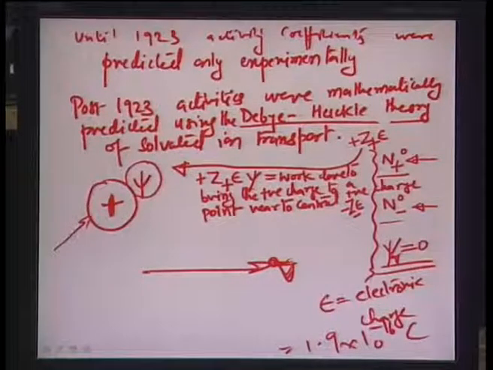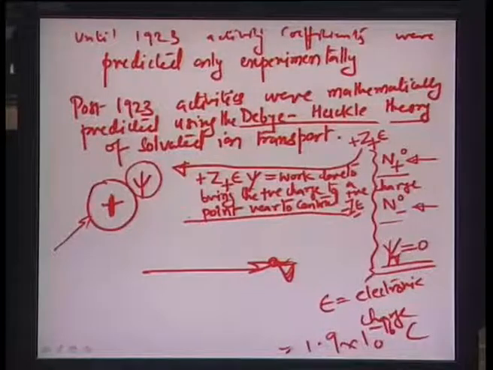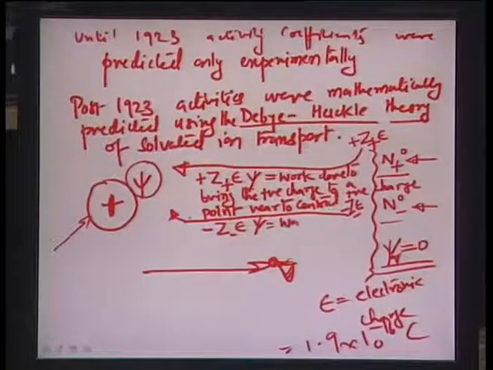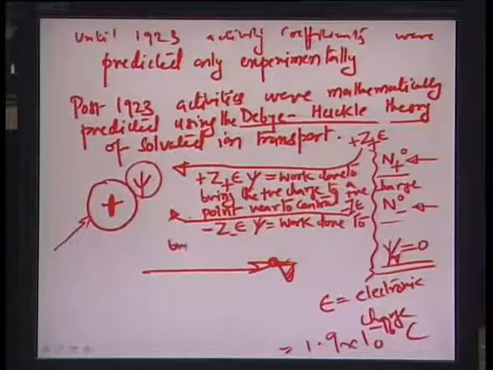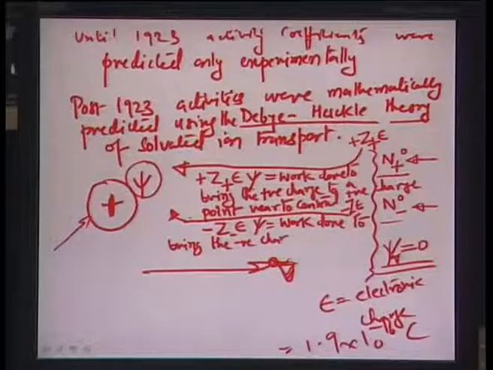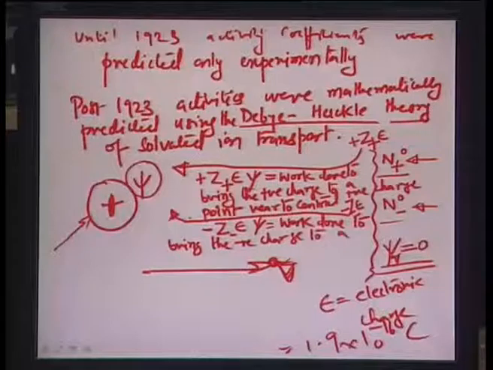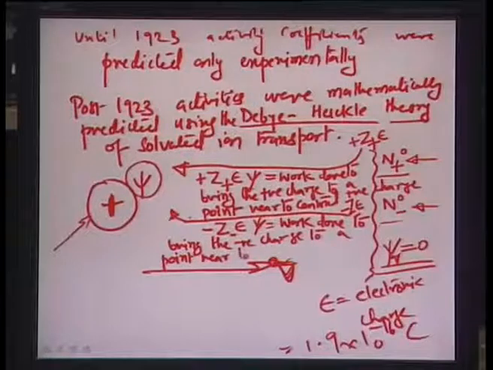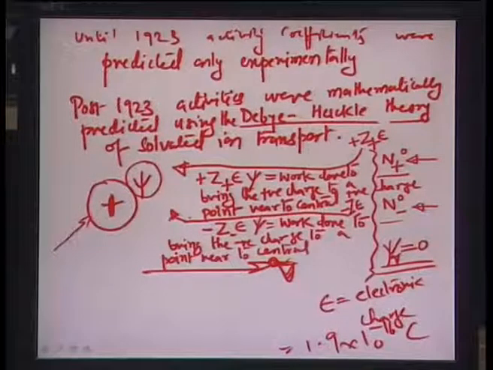Similarly, in order to bring the negative charge near to this point phi, the amount of work which would be done is negative Z minus epsilon phi. So, this is the work done to bring the negative charge to a point near to the central ion.